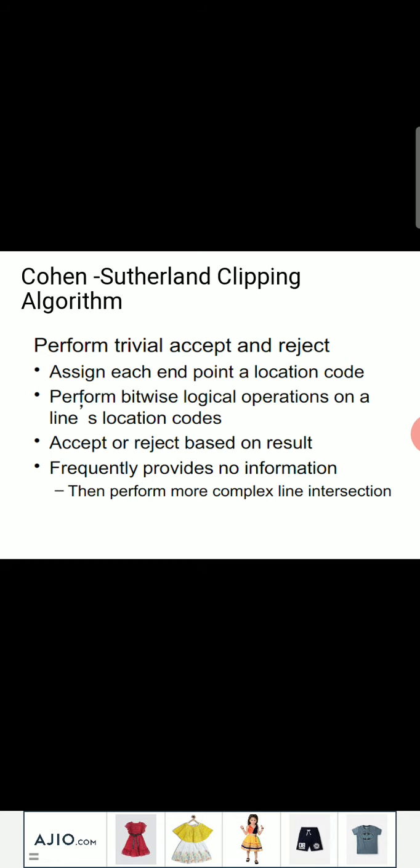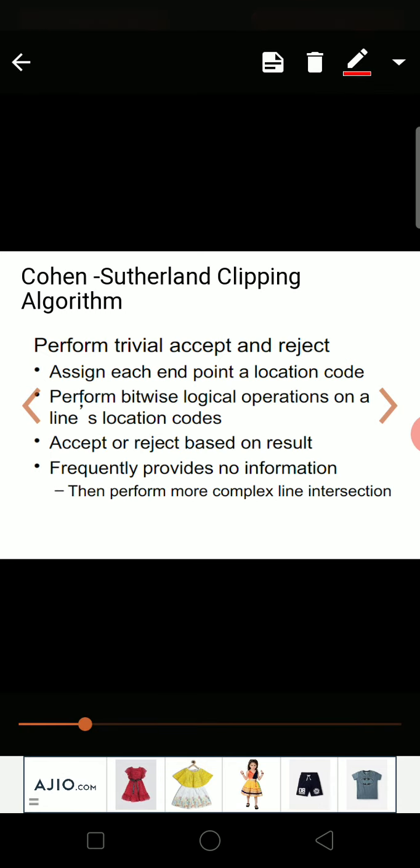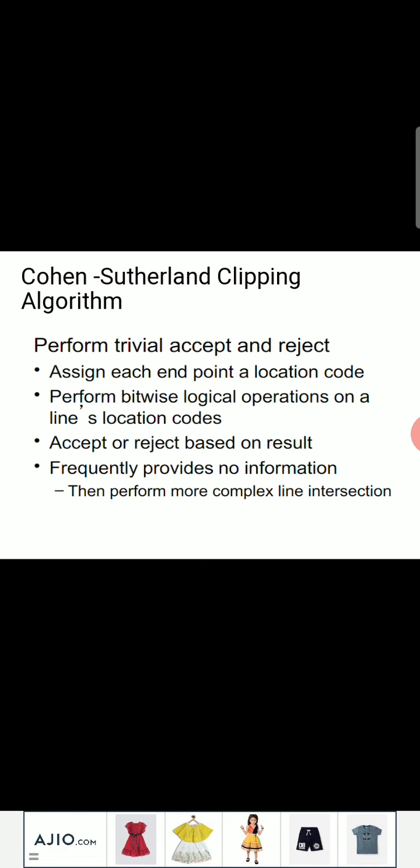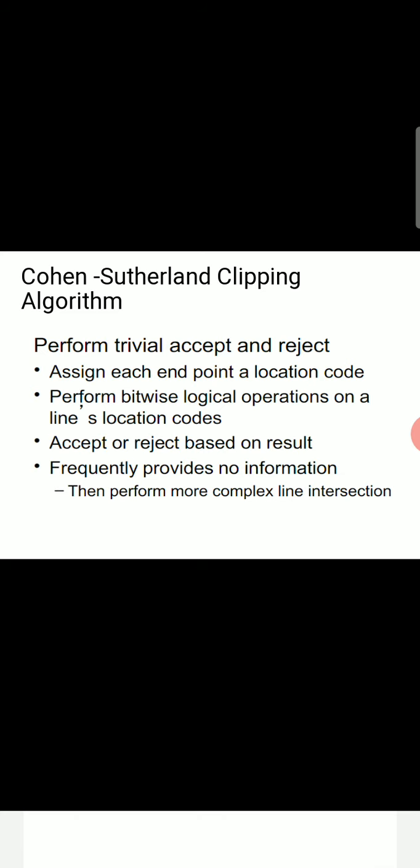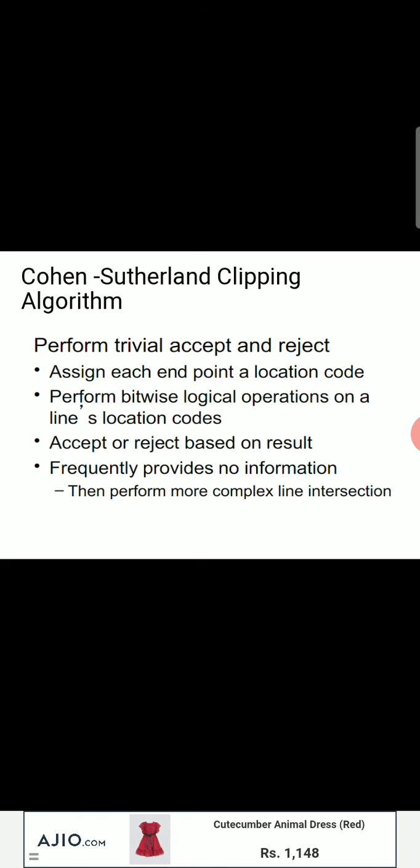To perform the trivial accept and reject test, these are the steps. First, we assign each endpoint a location code. Then we perform bitwise logical operations on the line's location codes. Then we accept or reject based on the result.